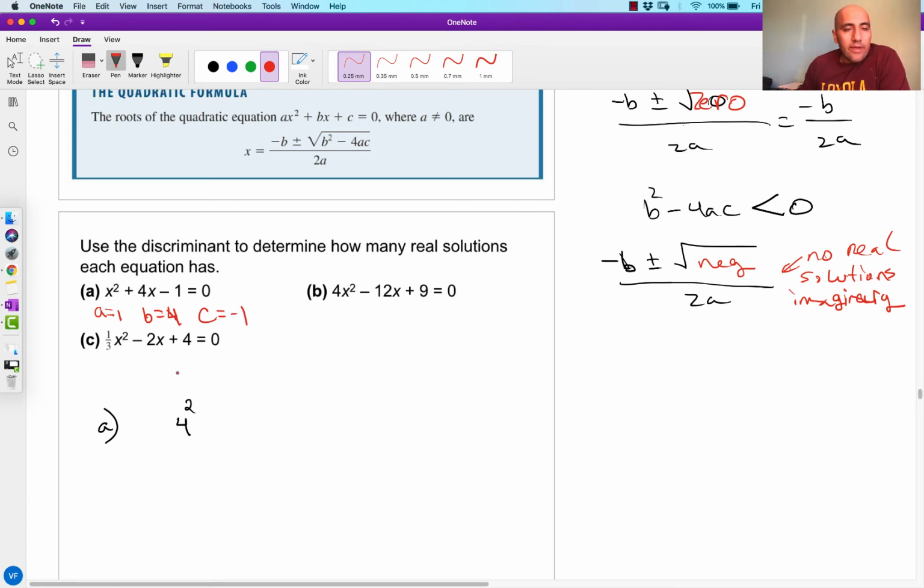So we end up with 4 squared minus 4 times A times C, B squared minus 4AC, which gives me 16 minus, it's going to be plus 4. I end up with 20, and because 20 is greater than 0, I know I get two real solutions. Two real solutions.